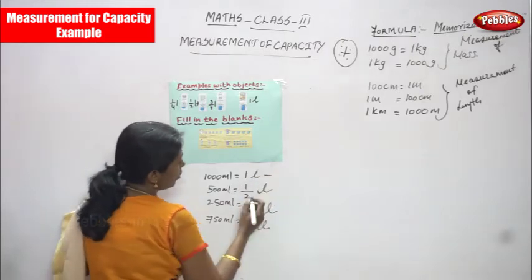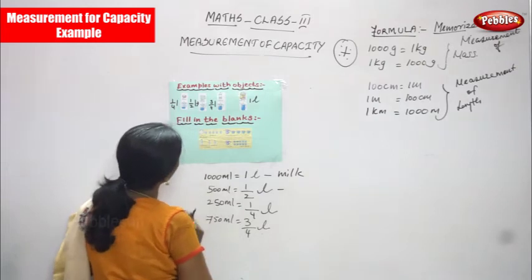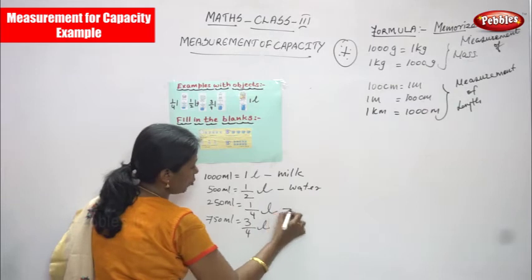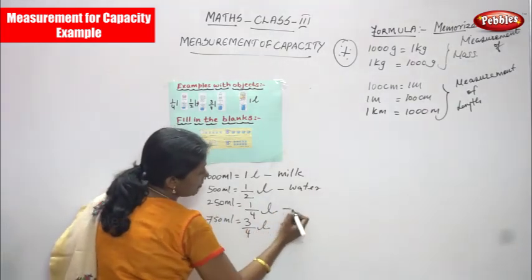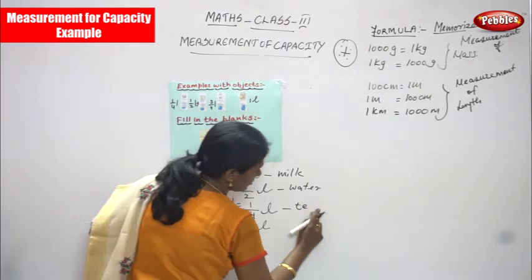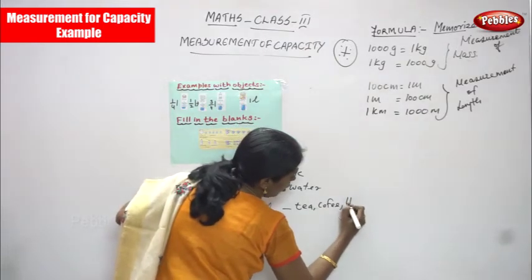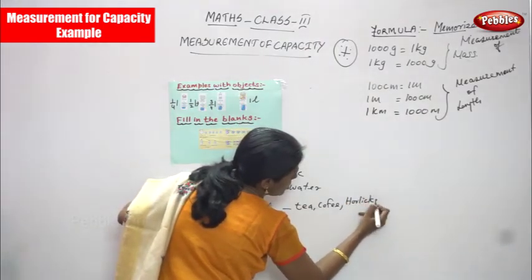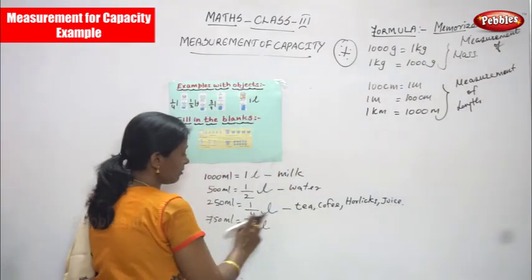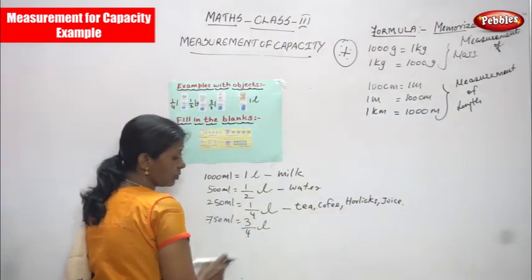So this is milk, 1 liter of milk, and 500 ml is water, half a liter of water, and 250 ml is tea or coffee, Horlicks or juice, everything in liquid form. 250 ml is equal to 1/4 liter. 750 ml is equal to 3/4 liter.